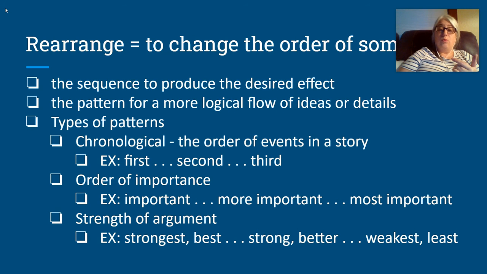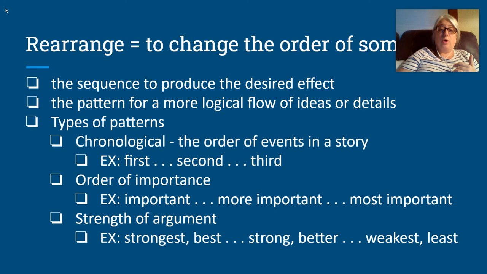You might want to do order of importance. You can do it like it's important, more important, the most important for the last, or you can flip it: most important, and then of less importance, and then of least importance. So decide how you want to order your information. Strength of your argument, especially if you're doing an opinion piece.